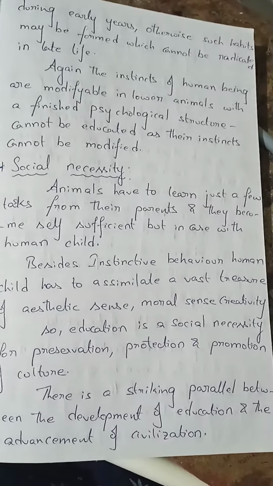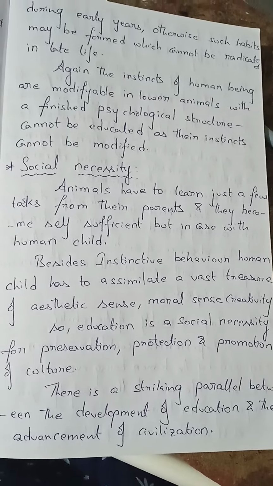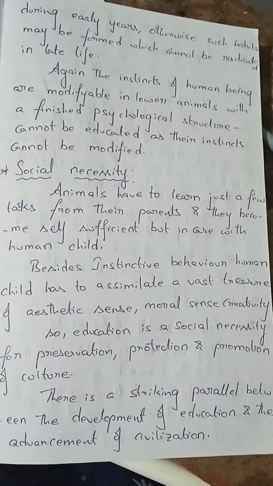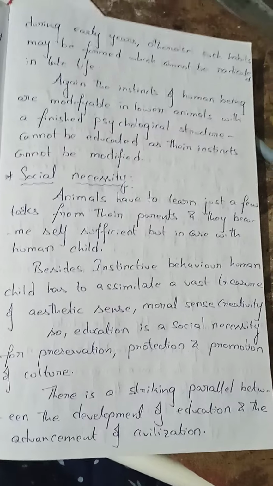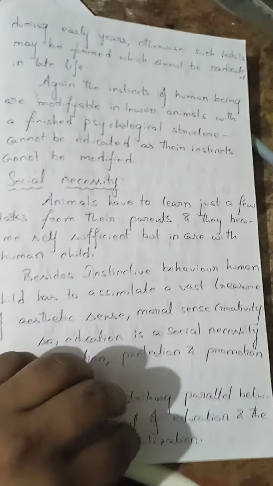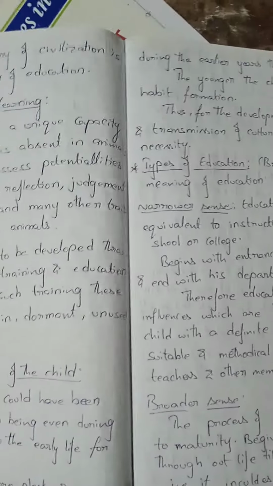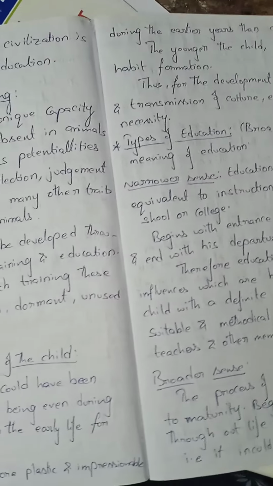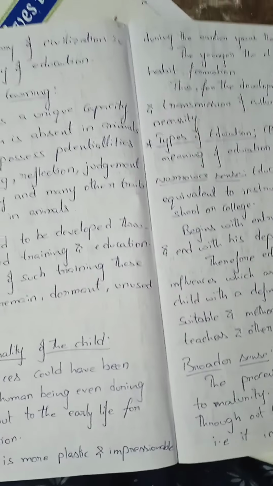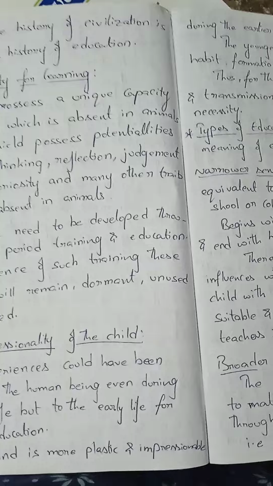So education is a social necessity for preservation, protection and promotion of culture. There is a strictly parallel between the development of education and advancement of civilization. In fact, the history of civilization is essentially a history of education.